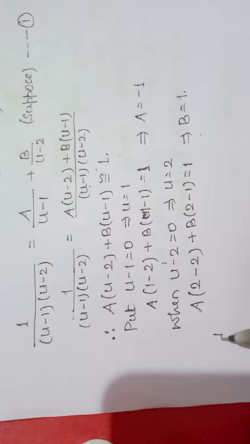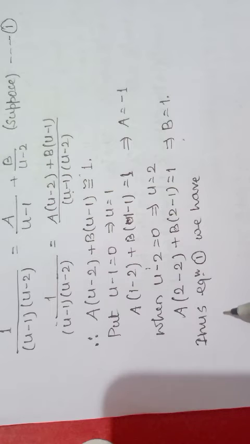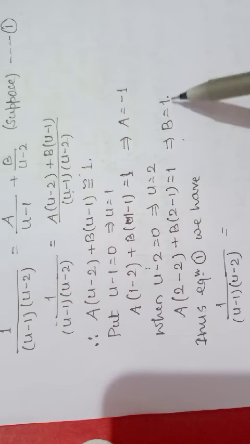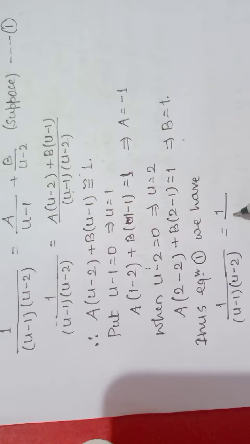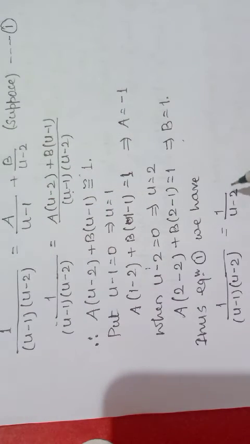Thus from equation 1 we have 1 upon (u minus 1) into (u minus 2) should equal to, first write positive B, 1 upon (u minus 2), A is negative, so minus 1 upon (u minus 1).